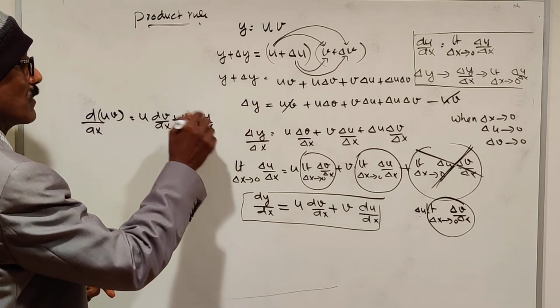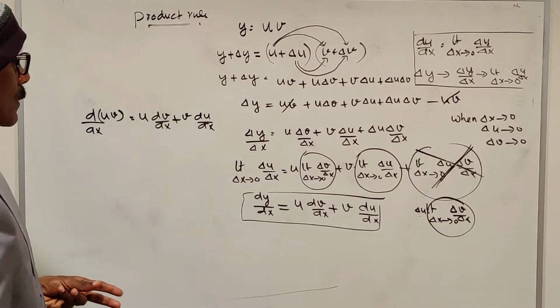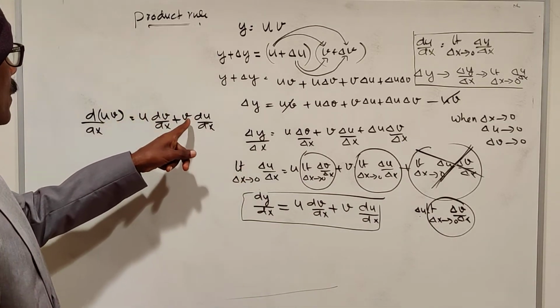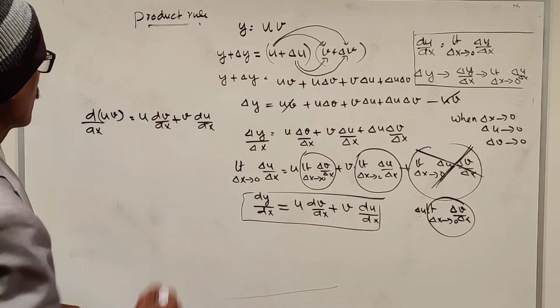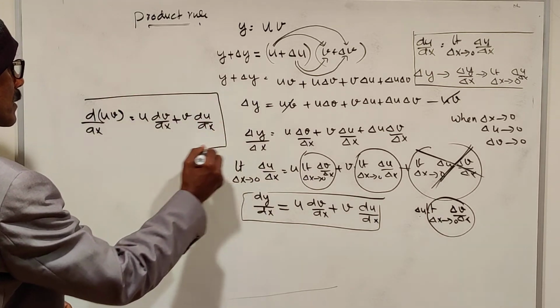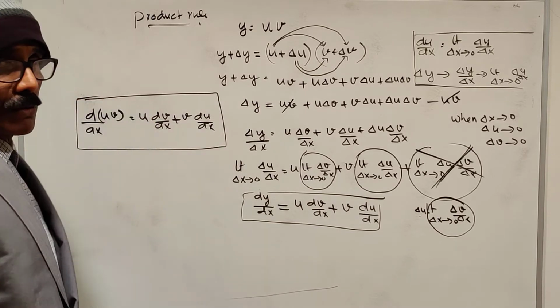If you write v du by dx plus u dv by dx first, that is also fine. This is the product rule. Next one, quotient rule.